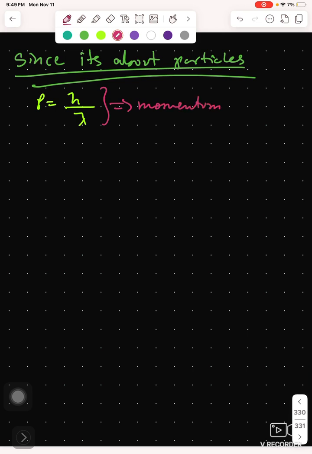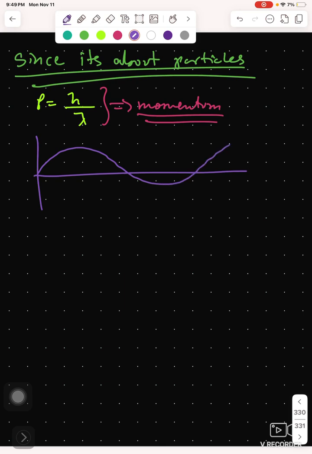Lambda is mostly written in terms of nanometers.